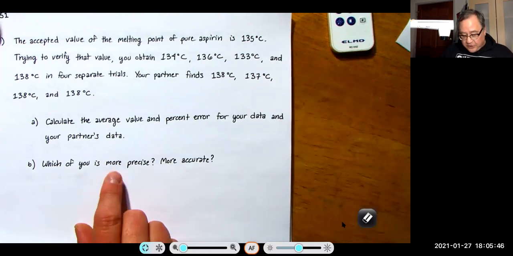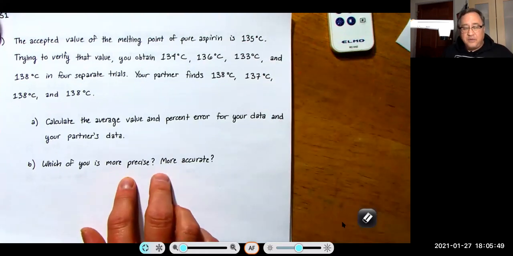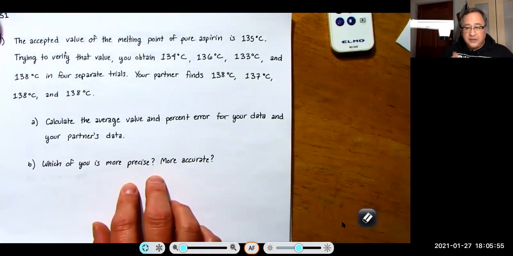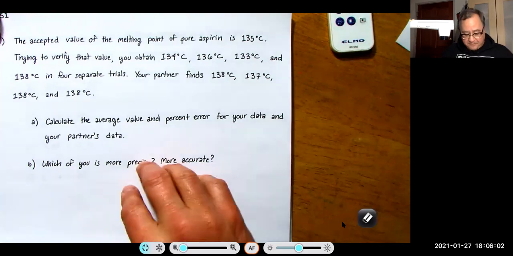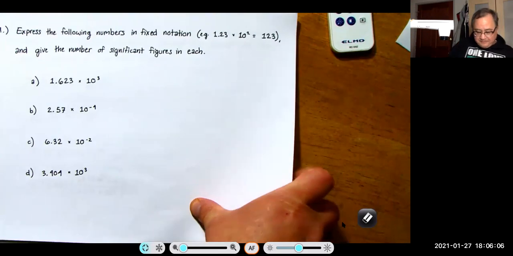And for precision, we used range and average deviation to see which one was more precise. In both cases, smaller range, smaller average deviation, more precise. Okay, so let's take a look at the next problem here.